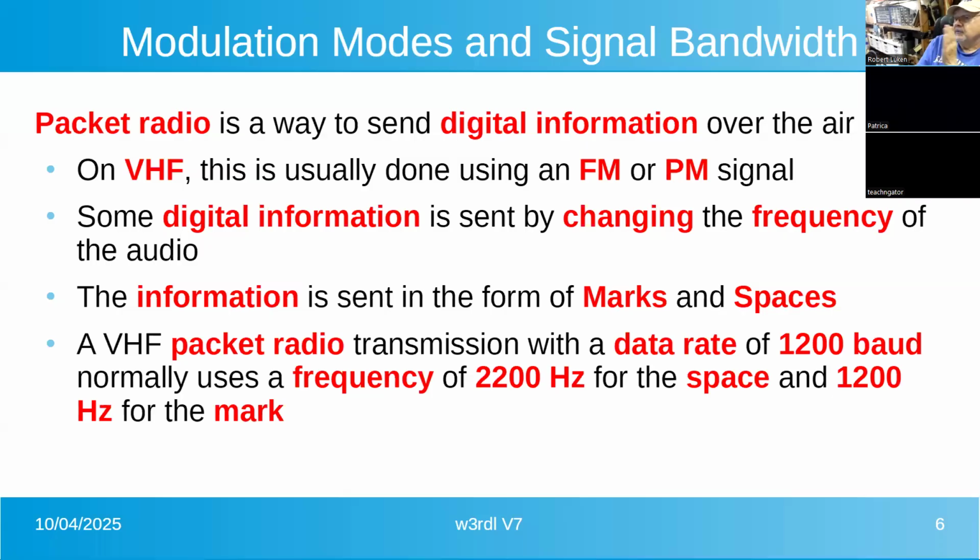So it changes between those two frequencies because it's binary or digital information. And those actual packets can be quite long. If you're familiar with Wi-Fi or Ethernet, those packets are, if I remember, like 1800 bits long.